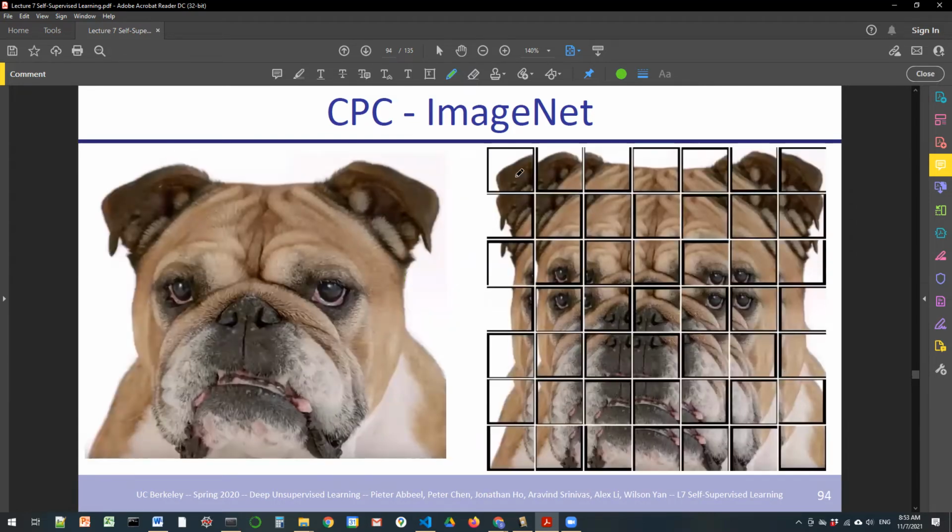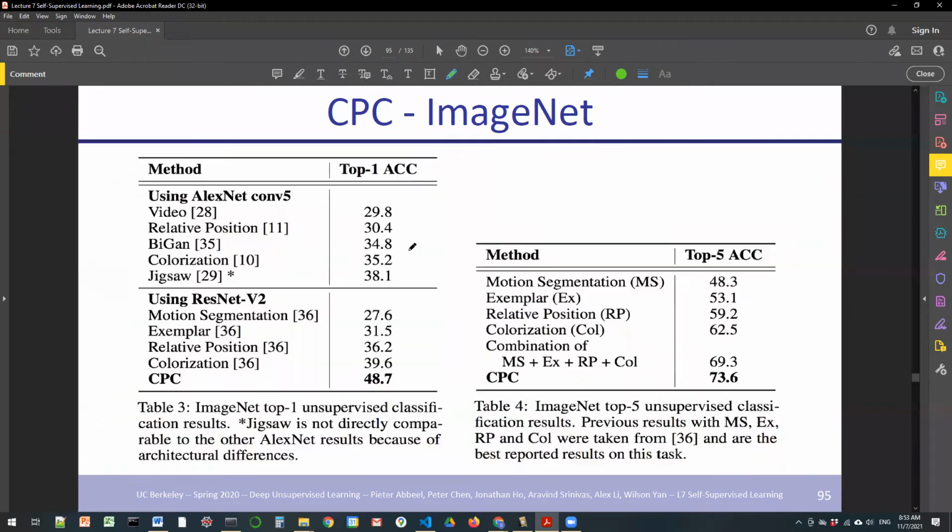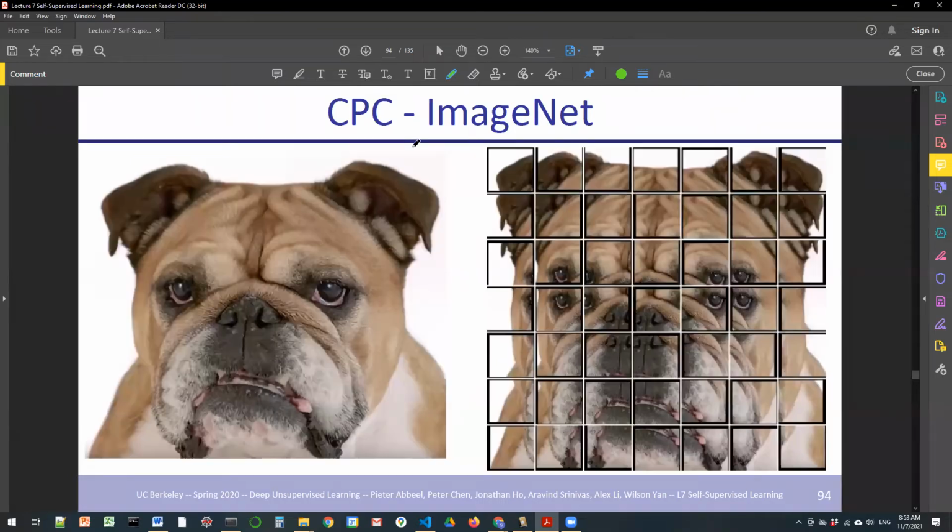So you can think of an image of a dog and you generate all these overlapping chunks that I talked about, which have some overlap of the images. And then you stick an autoregressive encoder on it. Again, in this example of the image as well, you take a bunch of wrong patches, that is the negative patches, and use one correct patch.